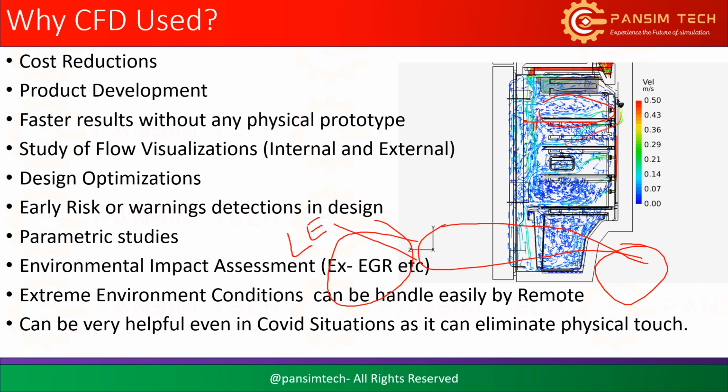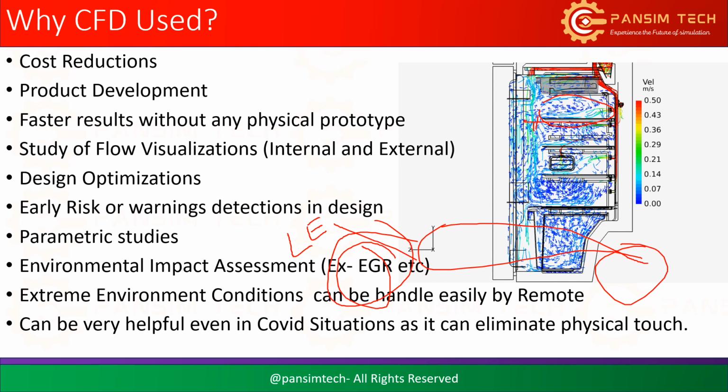That means a portion of the exhaust gas can be reinserted into the combustion chamber so that we can reduce the NOx. NOx means harmful gases or pollutants to the environment, to maintain the government norms. In India it is BS6, in Europe it is Euro 6 or something like that. We have to follow the norms, and because of that we can predict what can happen in BS8 by changing the parameters in the EGR device. That type of thing can be done with the help of CFD.